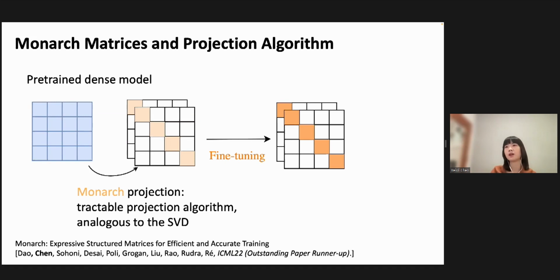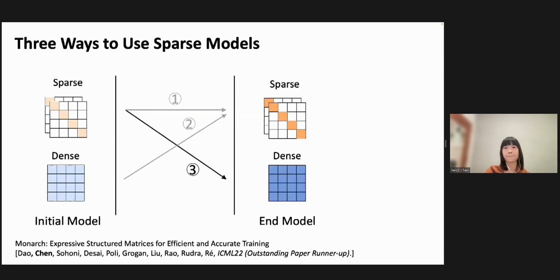It's based on recursively calling the rank 1 decomposition. But the key message here is that after decomposing this dense matrix to the closest two block diagonal matrices up to permutation, you can utilize the pre-trained dense models and enable fast fine-tuning or inference with those Monarch matrices.